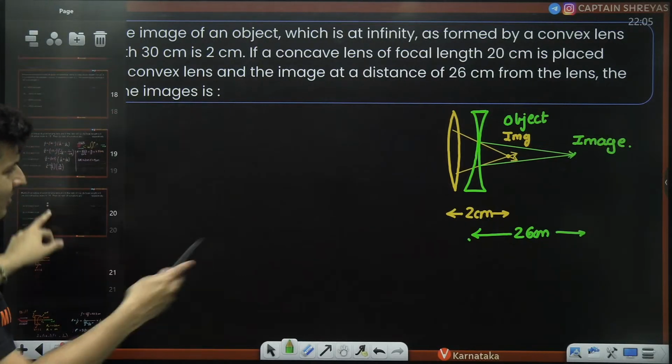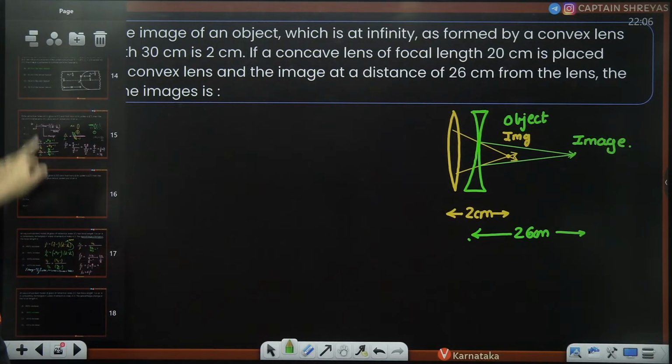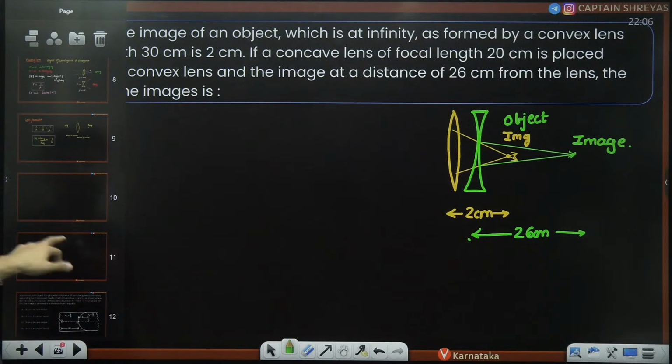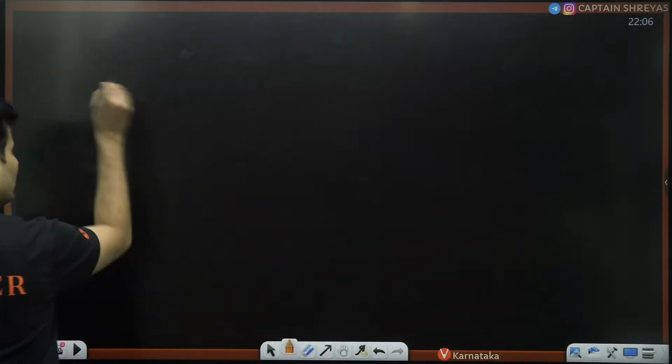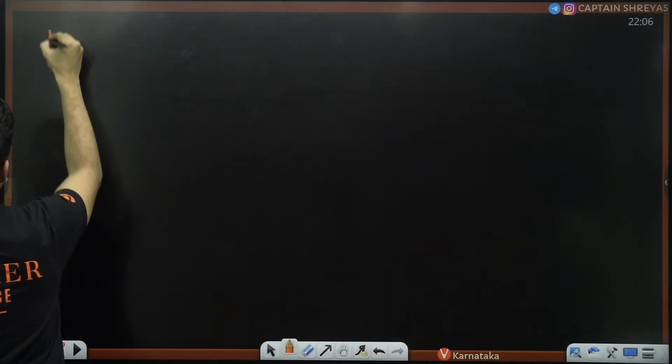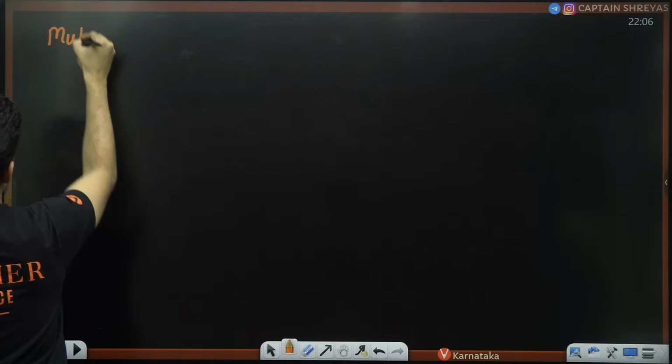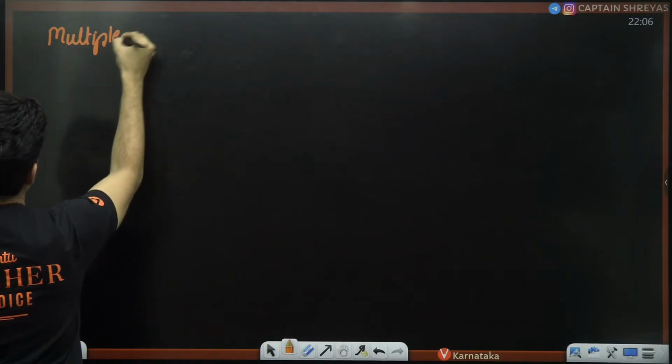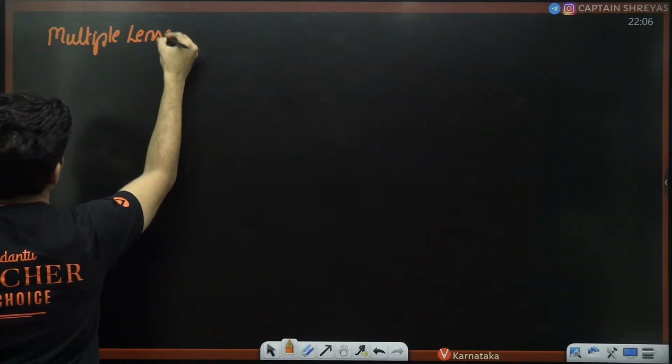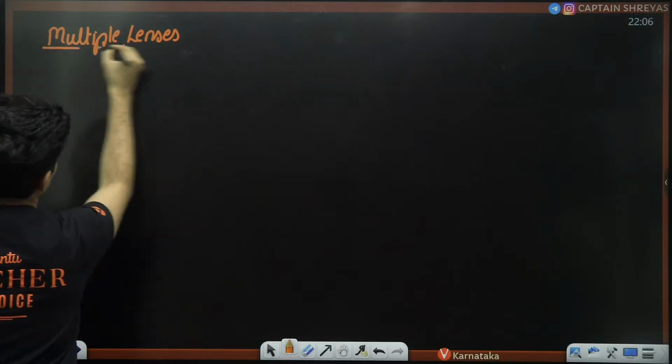Now, in fact, this brings us to another interesting concept. We'll do a similar question. When there are multiple lenses, what to do in such cases?